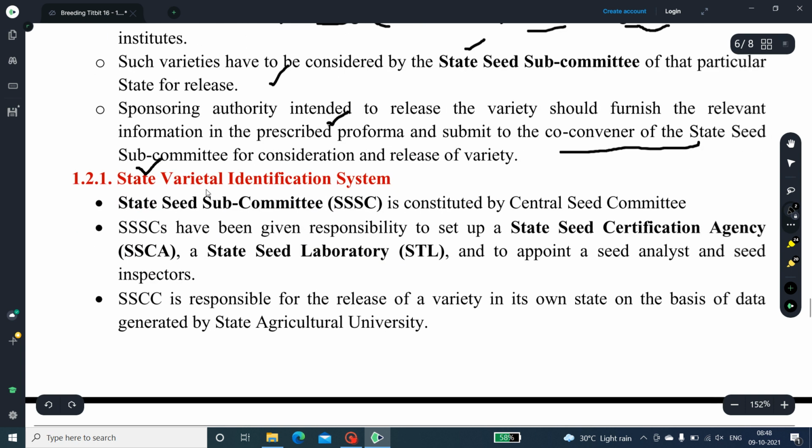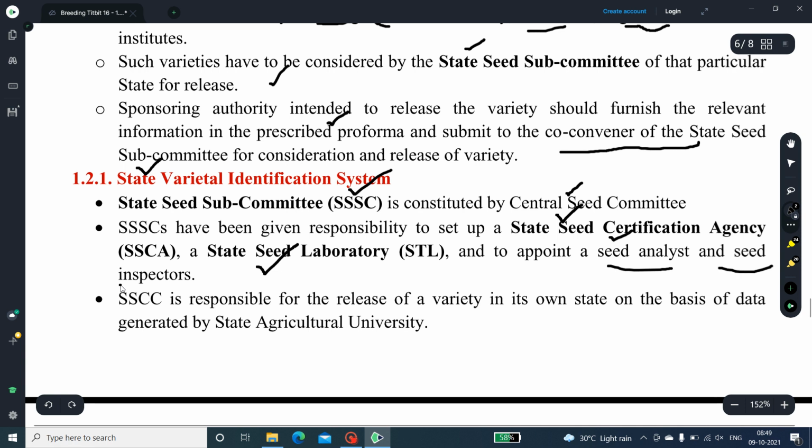The state seed subcommittee is constituted by the central seed committee only, and the SSSC has been given responsibilities to set up the state seed certification agency as well as a state seed lab, and also to appoint the seed analysts and seed inspectors.